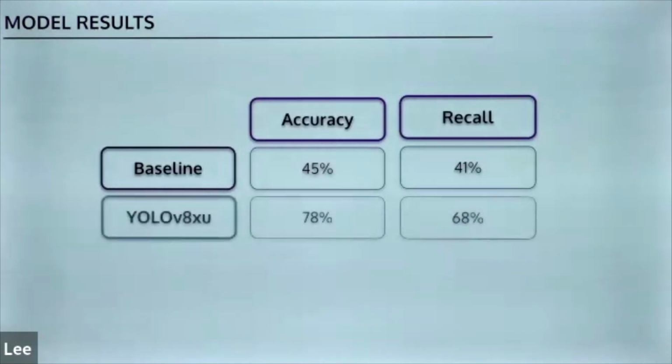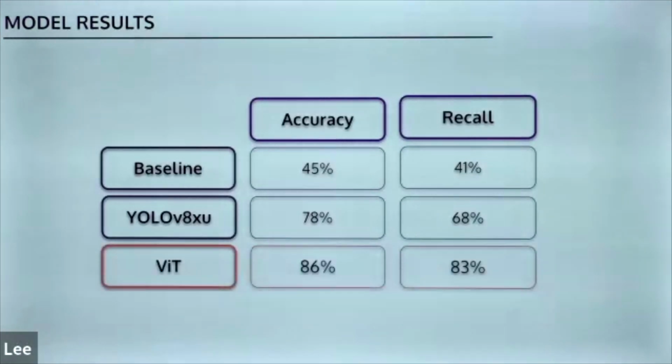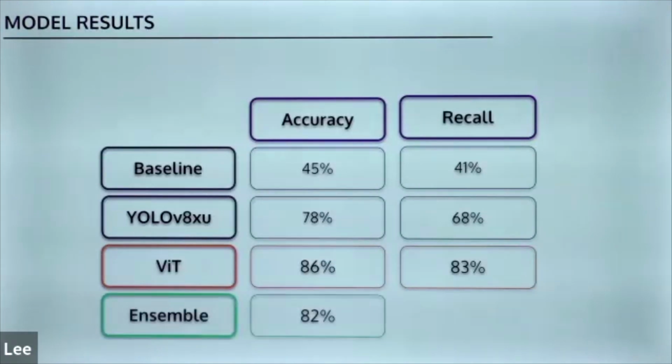When we look at only the object detection model, that YOLO V8X that Kobe was mentioning, we increase that accuracy to 78% and that recall to 68%. So we're already making big improvements there. Now, if we then look at it only as a classification task, we have this VIP model with this 86% accuracy and 83% recall. So again, making very big improvements. But ultimately, that ensemble approach, by having that fail-safe, we're actually getting much, much better.